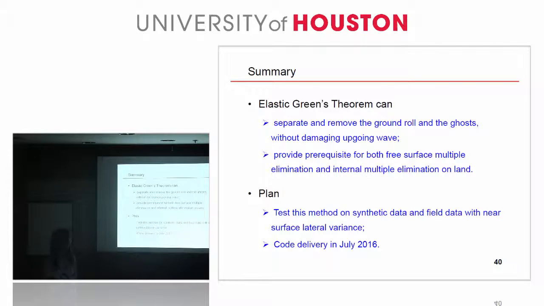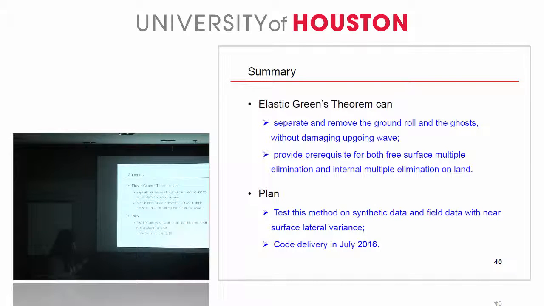And the most important thing I'd like to re-emphasize here is that we provide a method to separate and remove the ground roll and the ghost without damaging the outgoing wave. And this outgoing reflection will be used for the surface multiple and the internal multiple elimination.